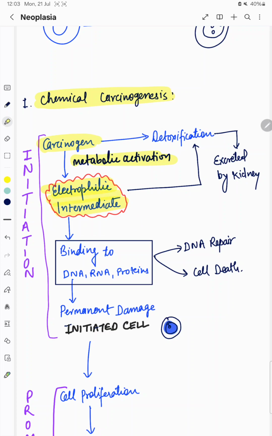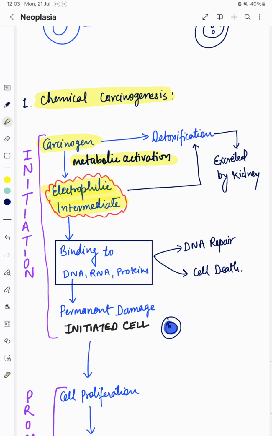This electrophilic intermediate binds to DNA, RNA and various cell proteins to cause a mutation or a change in cell regulatory mechanisms.